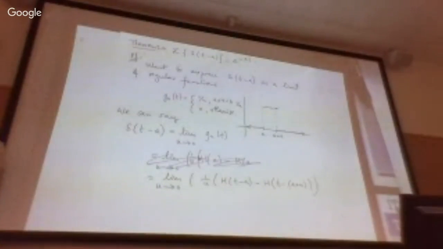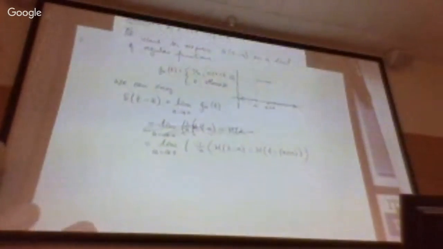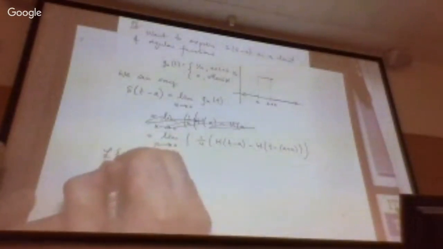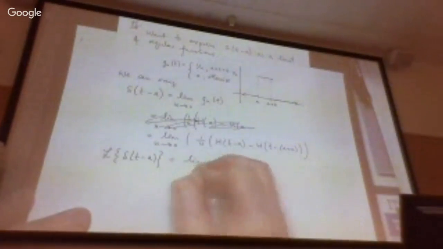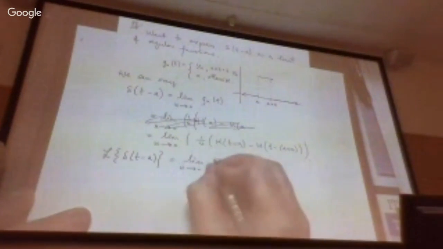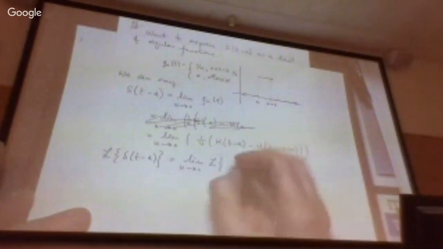And what we'll allow ourselves to say, really, this is where the argument is maybe a little bit weak, we're skirting over some technical details. We'll say that the Laplace transform of delta t minus a is equal to the limit as u goes to 0 of the Laplace transform of all of this.